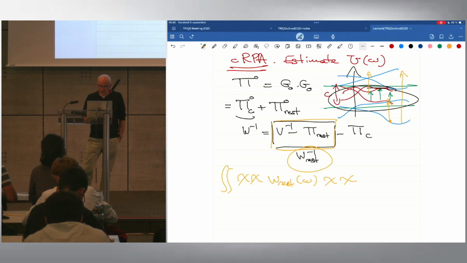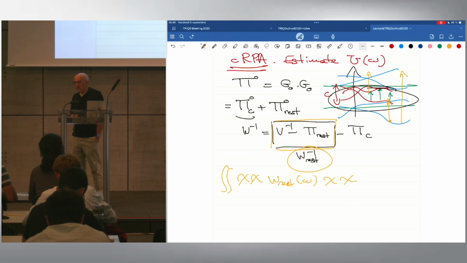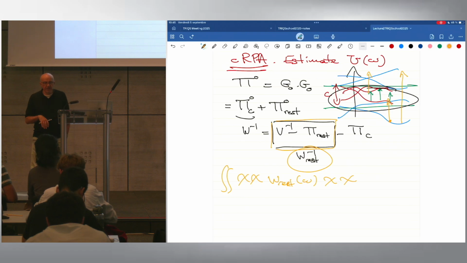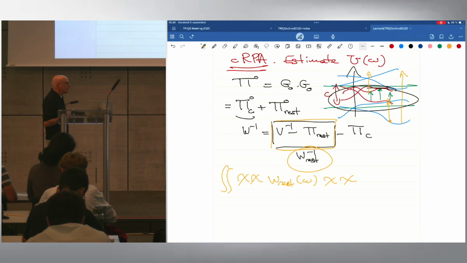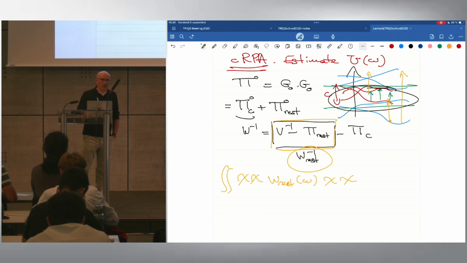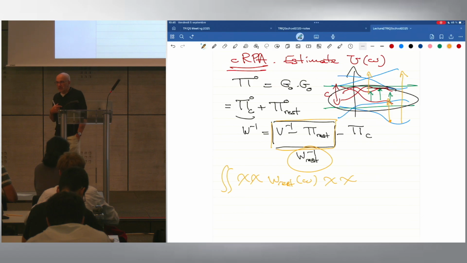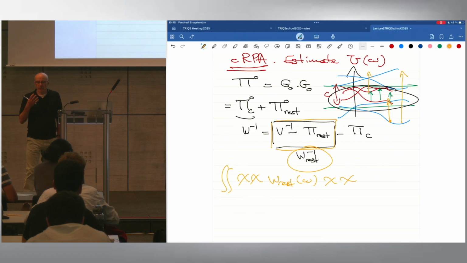In fact, empirically, we know that often this gives reasonable trends, but it also overestimates screening somewhat as compared to what we have to put in as a static U in a standard DFT plus DMFT calculation.